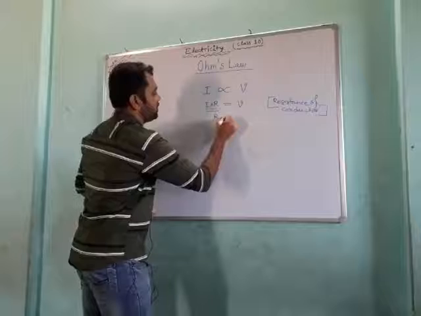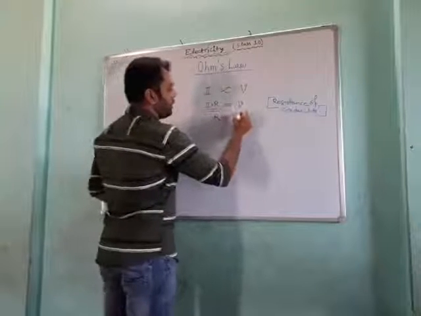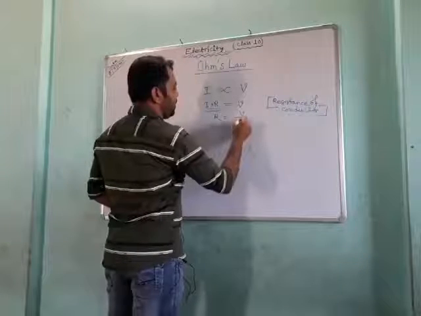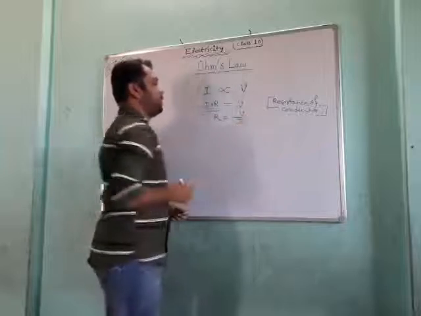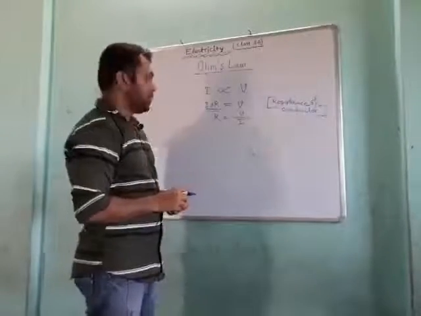So if we separate I from R, we can say V by I equals R.